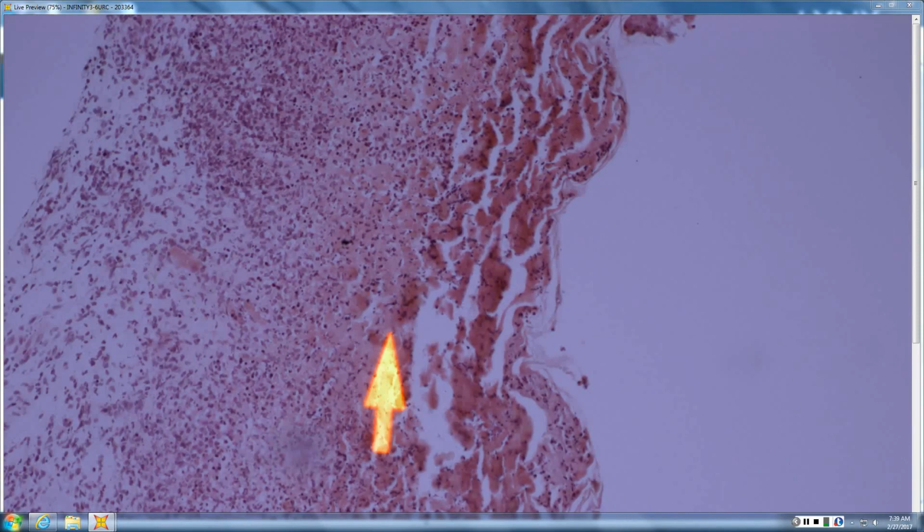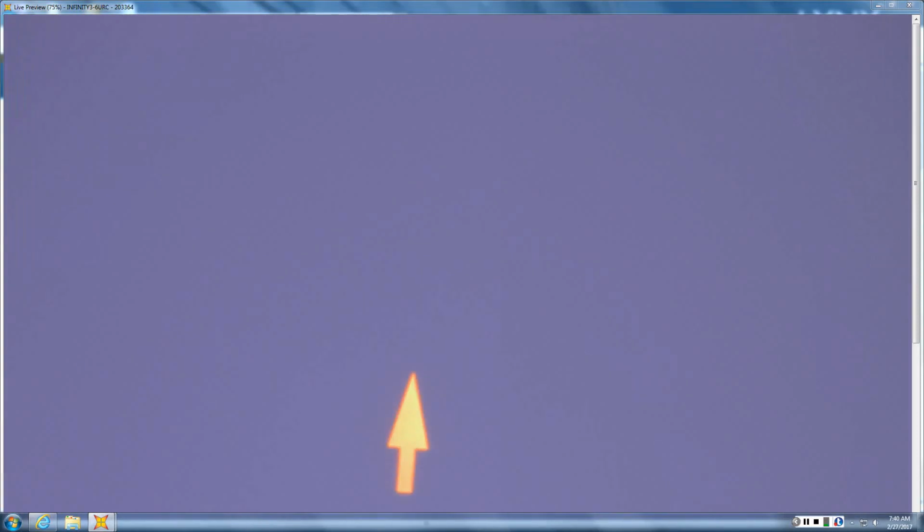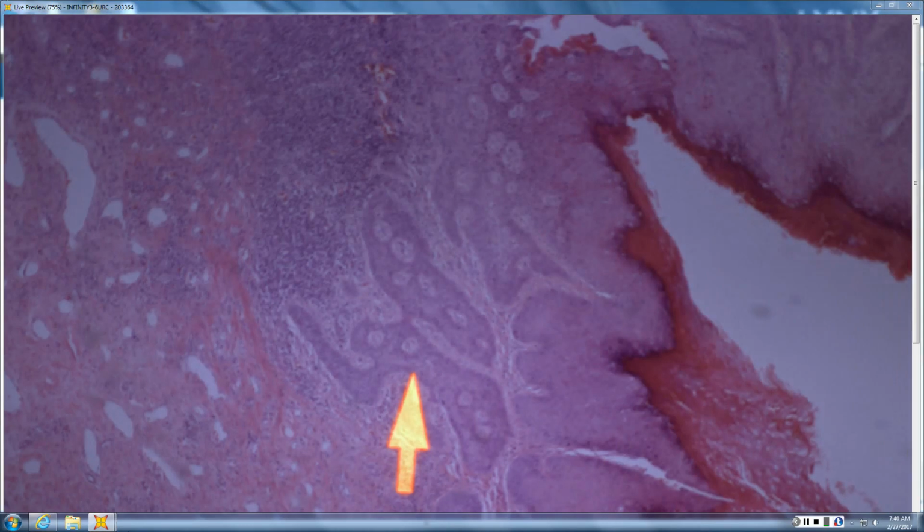So the fact that the epidermis, although dead, is dead in a recognizable pattern of big, round, red blobs suggests that it's herpetic. So even if you don't see active herpetic change, the ballooning degeneration is a helpful clue.